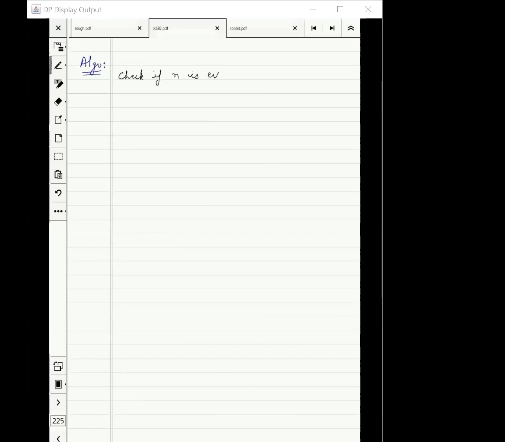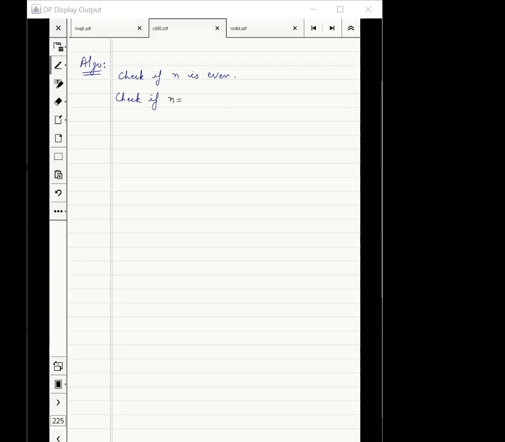Is that easy or hard? Very easy, right? I don't have to explain this. Given a number n and its binary representation, I can easily check if it is even or not. How will I check that? Check the last digit. Yeah, that is very, very easy. I wouldn't worry about it.